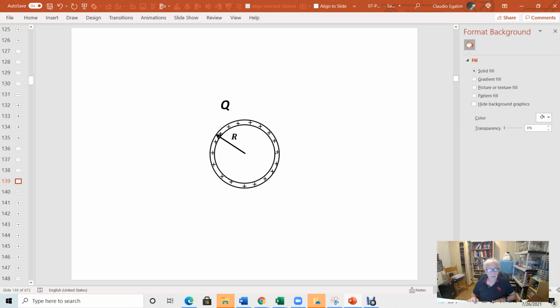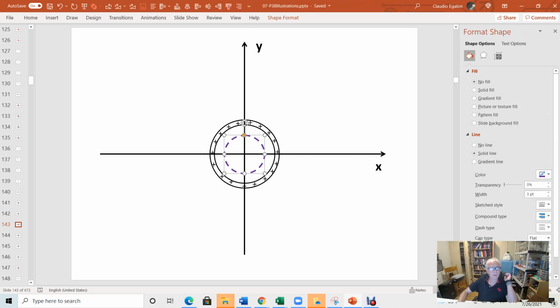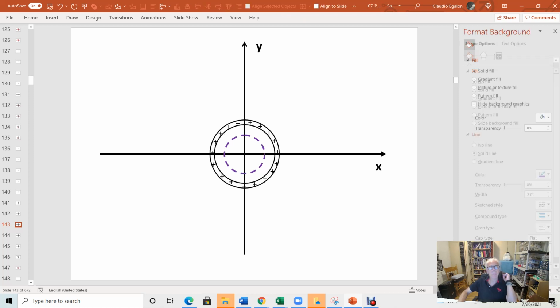Okay, so we're going to do outside first. Outside is just like that of a point charge distribution, right? X-axis, y-axis. Big R is the radius of the spherical shell. We start with the center of the spherical shell. Here you go. Here's my Gaussian surface, an imaginary spherical Gaussian surface. Start with the inside.